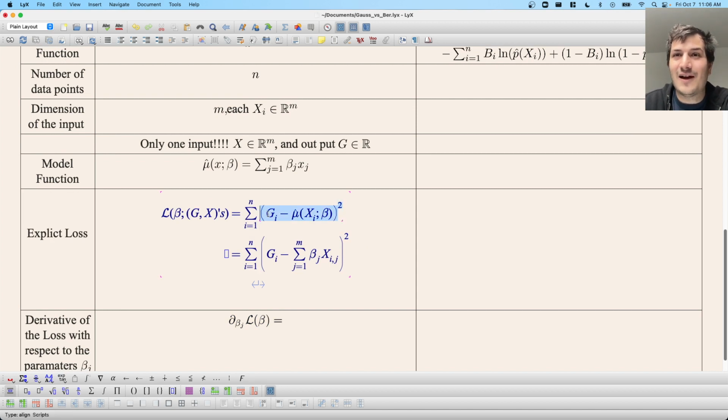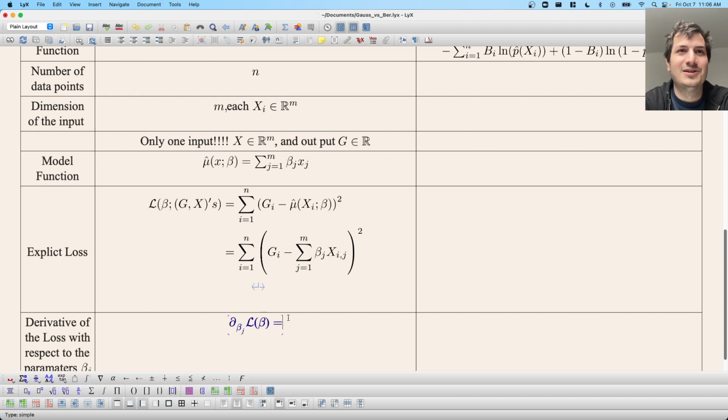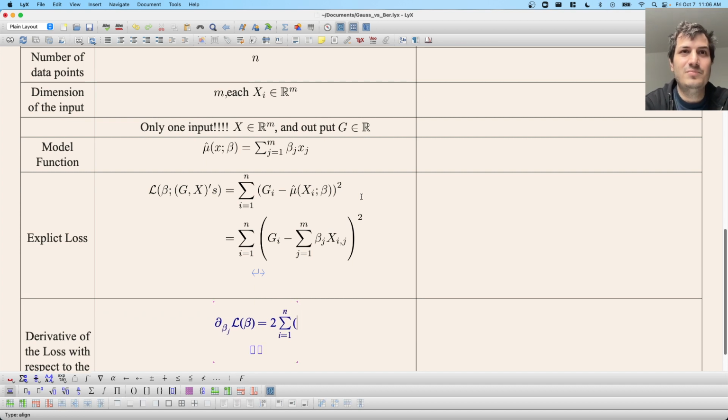What's the derivative of something squared? Well, it's 2 times the thing. So what's the derivative of g minus mu hat squared? It's gi minus mu hat of xi given beta.